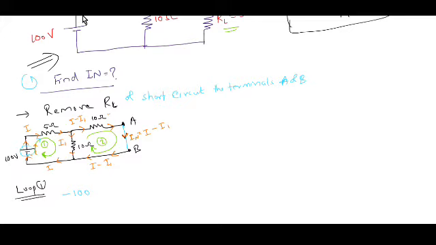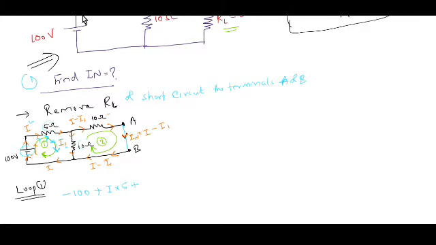Then while reaching here, along the clockwise direction, both the current and the path are along the same direction through the 5 ohm resistor. Therefore, the voltage drop across the 5 ohm resistor is positive I into 5. Then, coming to the current I1 through the 10 ohm resistor, current I1 and the path are both along the same direction.